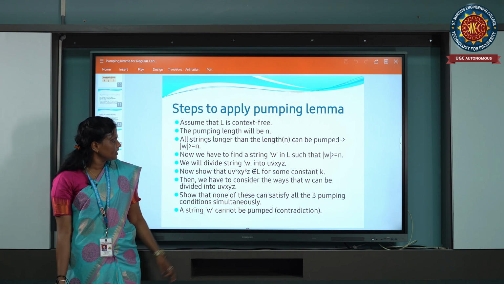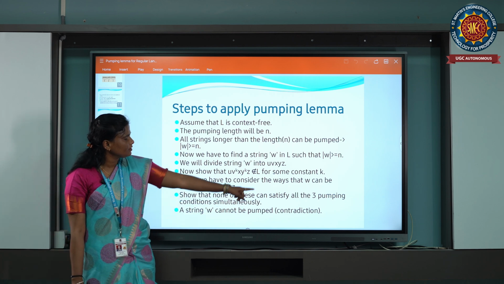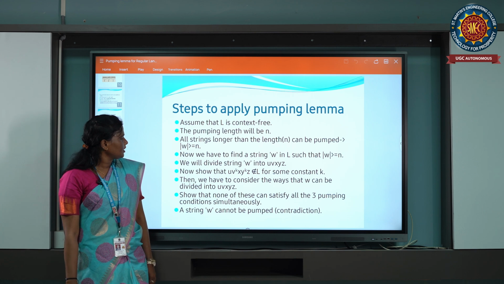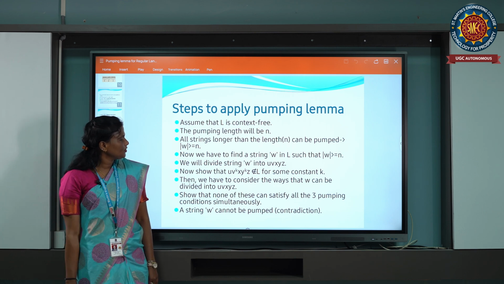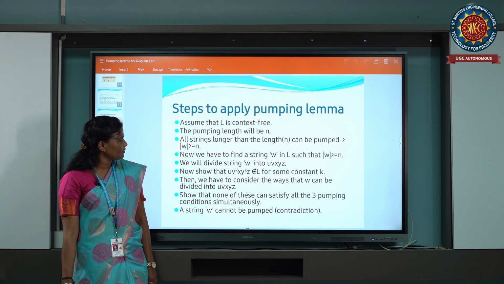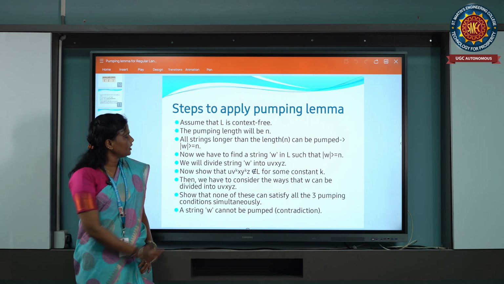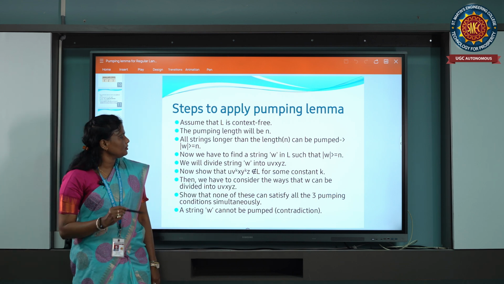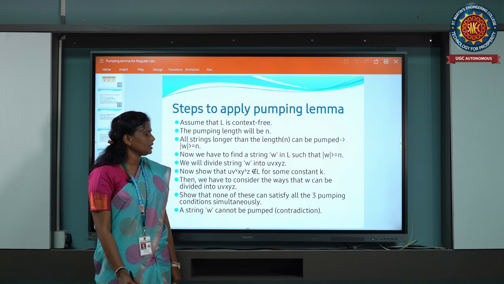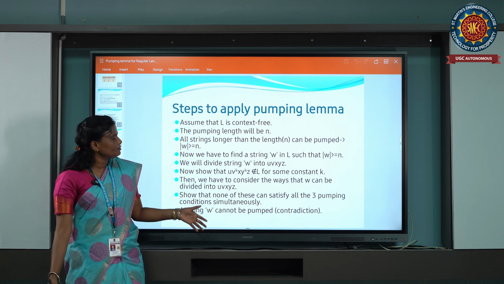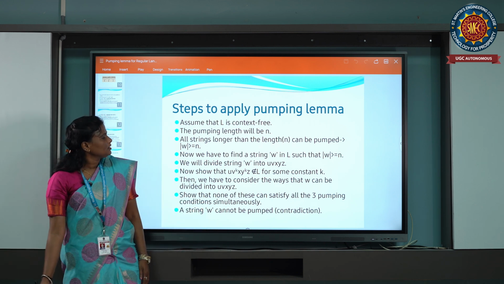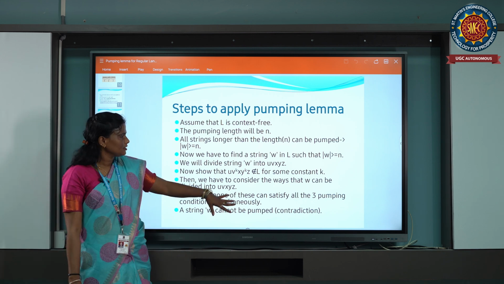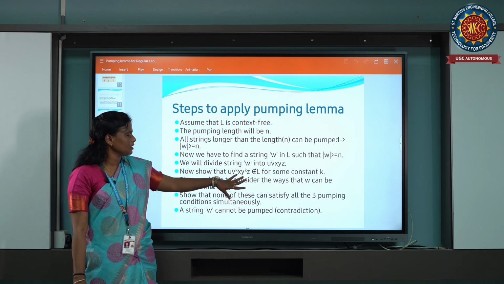We divide the string w into the parts u, v, x, y, z, so that u v to the power k x y to the power k z does not belong to L for some constant k. That means whatever the pumping length, we have to prove that the string does not belong to a context-free language.